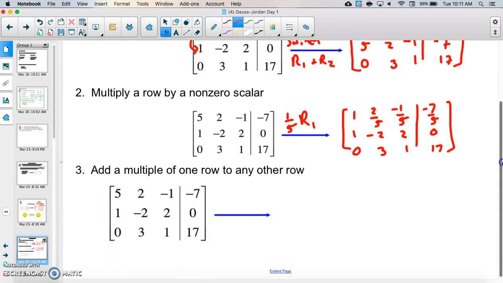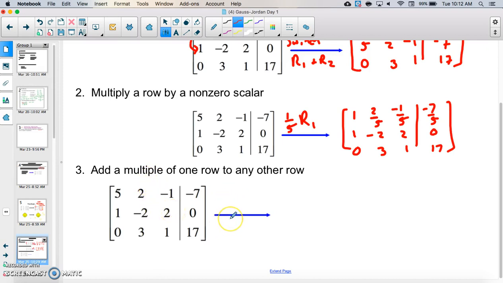The third manipulation we can do is we can add a multiple of one row to any other row. So you could either add two rows together or subtract two rows, or you could multiply a row by something first and then add or subtract it with another row.